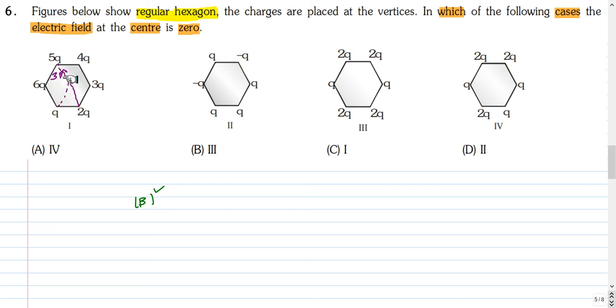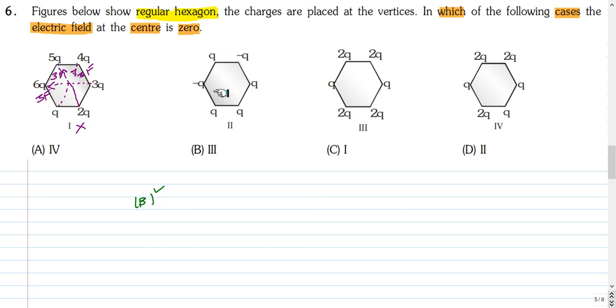Similarly, this pair will give a force of 3 units in this direction, and this pair will give a force of 3 units in this direction. So these three forces will not combine to give a 0 force. So case 1 is not correct, in the sense that in case 1 the electric field at the center is not 0.